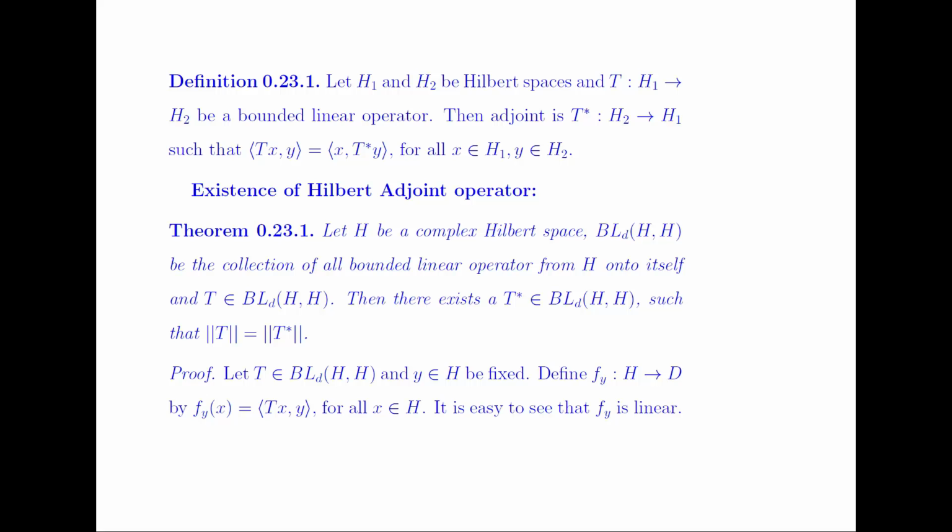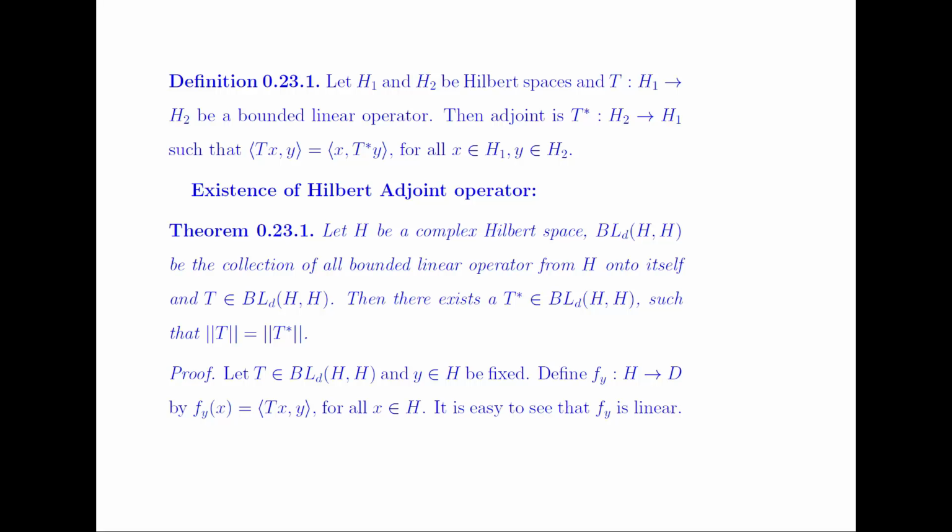Let T belong to the collection of all bounded linear operators from H to H. Then there exists an adjoint operator T star belonging to this collection of bounded linear operators such that the norm of T is equal to the norm of T star.